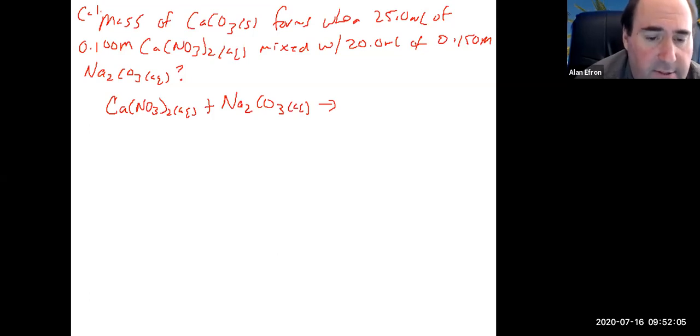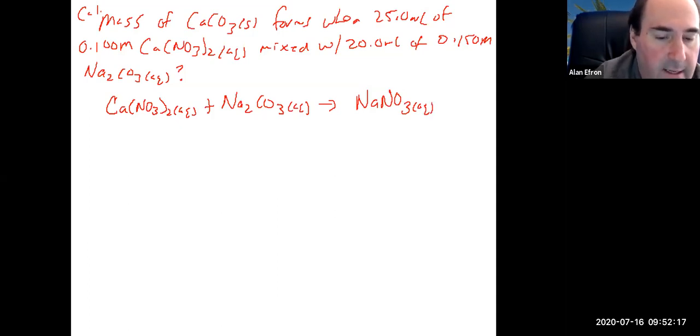Our sodium is going to end up with our nitrate, so we want to use the proper formula, NaNO3, with plus 1 and minus 1 charges. We then want to put together our calcium, which has a +2 charge, with our carbonate that has a -2 charge. That gives us CaCO3, which is going to be our solid.